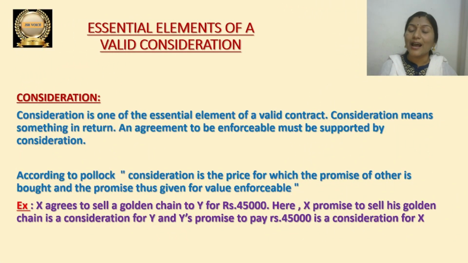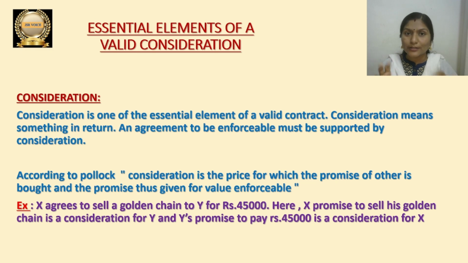So here I want to discuss with you a topic, that is, essential elements of a valid consideration. So what is consideration? First of all, consideration means something in return. In any contract there will be two parties. Two parties must have some benefit whenever they enter into the contract. That is known as consideration.